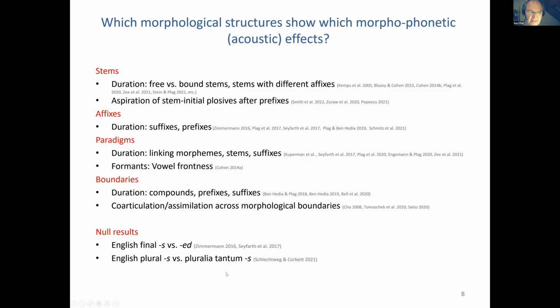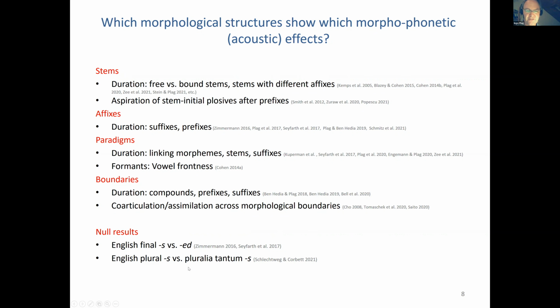Or Schlechtweg and Greve-Corbett found that the differences that people found with English plural S versus non-morphemic S cannot be replicated with pluralia tantum S's. So if you look at nouns that have a real plural S and those nouns that have a pluralia tantum S, you don't see a difference between those two S's.